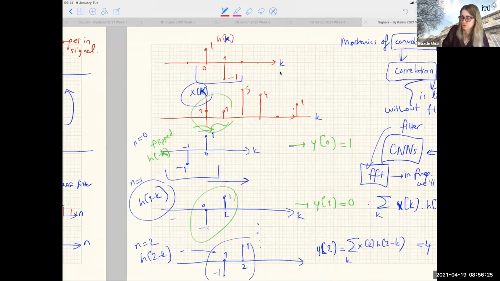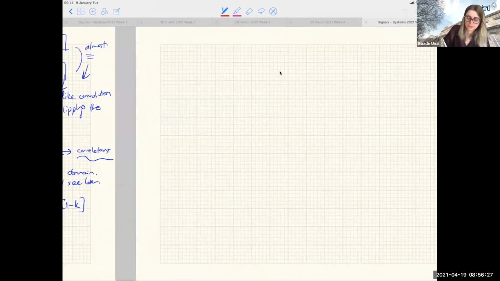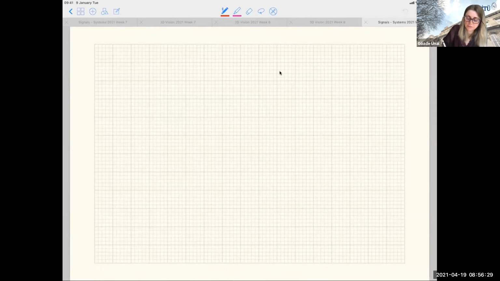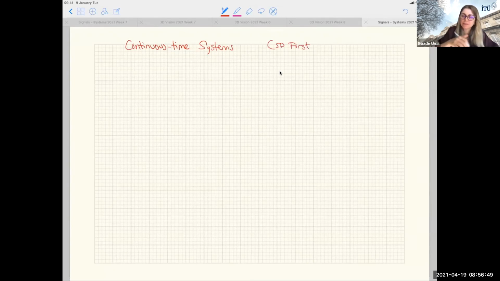We could go to continuous time systems. We will do this a little bit quick. Okay, continuous time systems. This is in the SP First book, not the DSP book, because DSP is digital signal processing, and SP First is more general, covering both continuous time and discrete time.